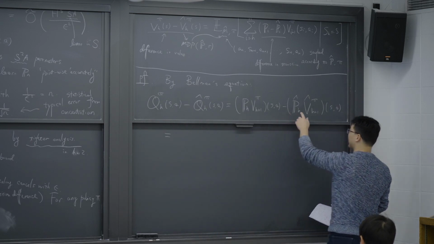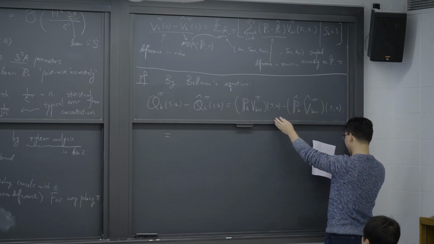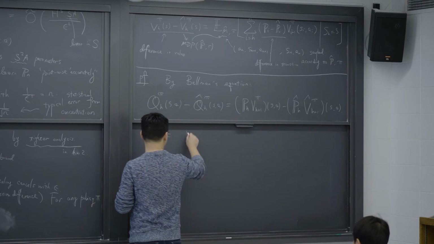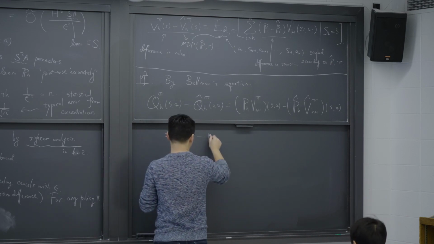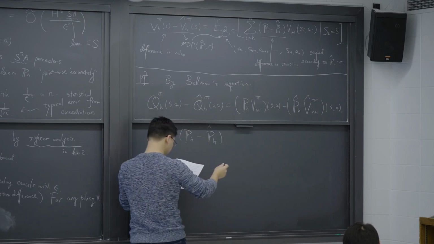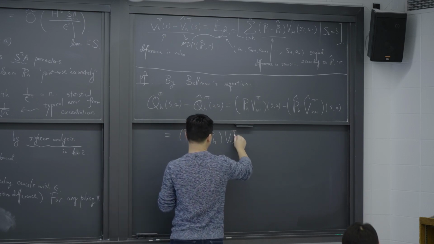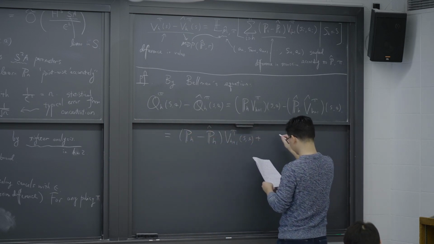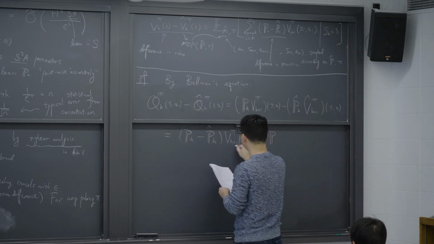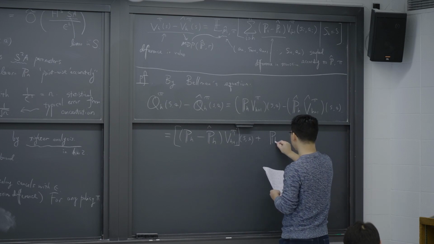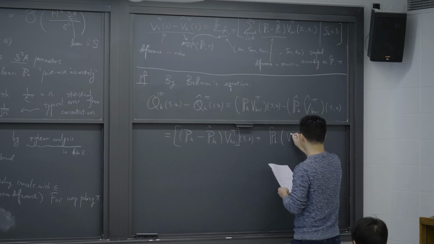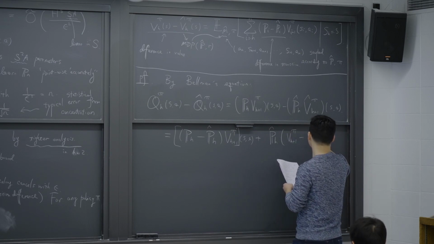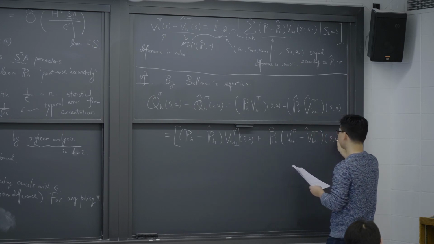So we have PV subtract P hat V hat, and we add a P hat V and subtract a P hat V. So this is equal to (P minus P hat) times V_{h+1}^pi(s,a), plus P hat_h times (V_{h+1}^pi minus V-hat_{h+1}^pi).